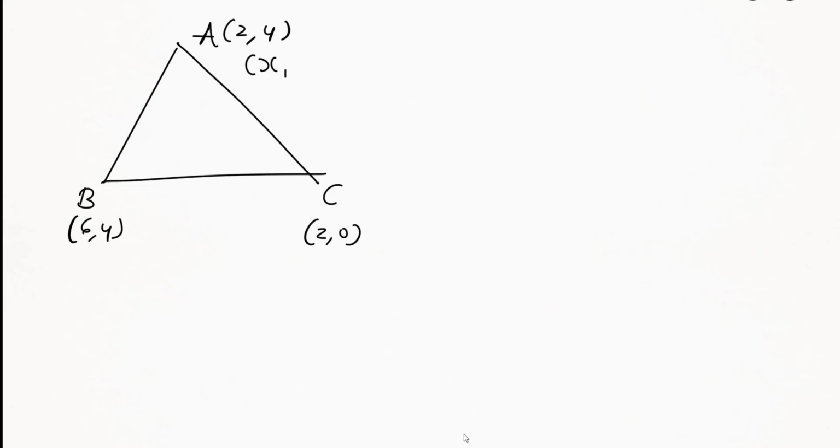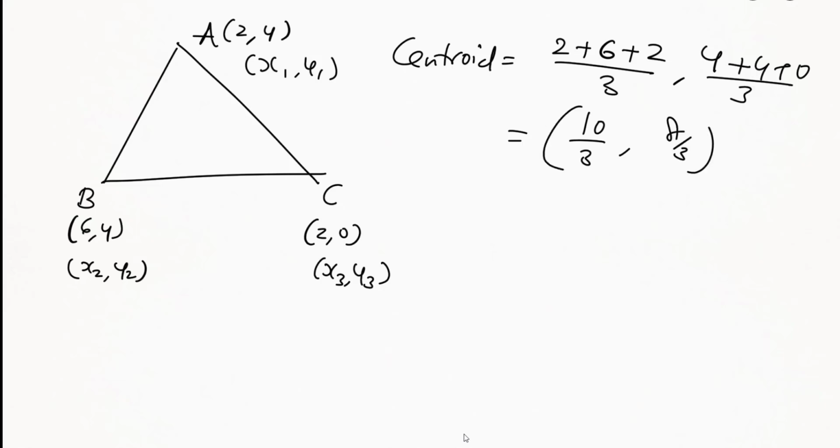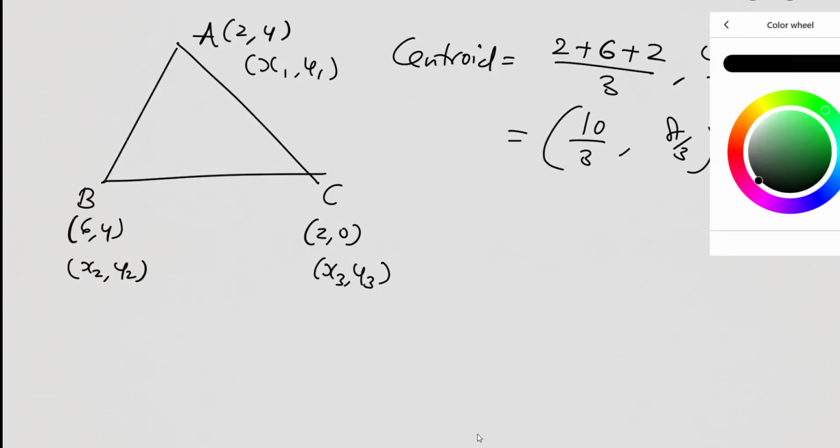This is basically x1, y1, this is x2, y2, this is x3, y3. To calculate the centroid, you don't need to calculate the length of each side. Centroid will be just (2 plus 6 plus 2) over 3 and (4 plus 4 plus 0) over 3. That is 10 over 3 and 8 over 3. Let me erase this.